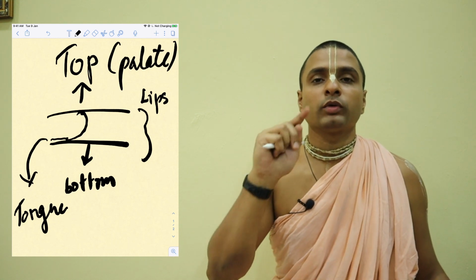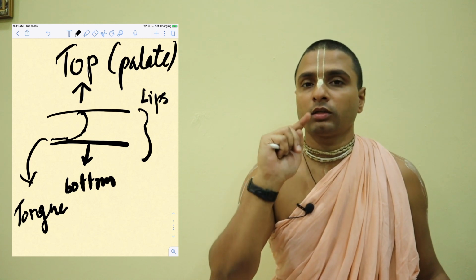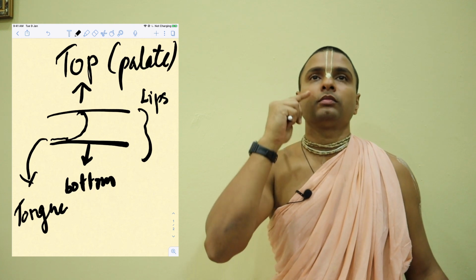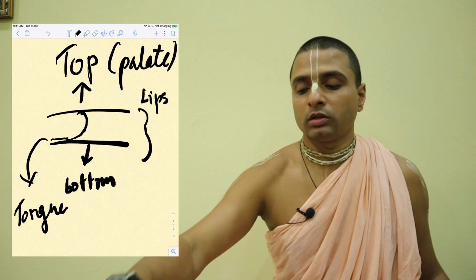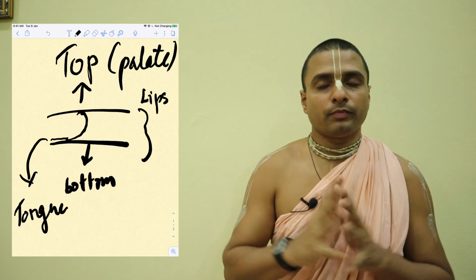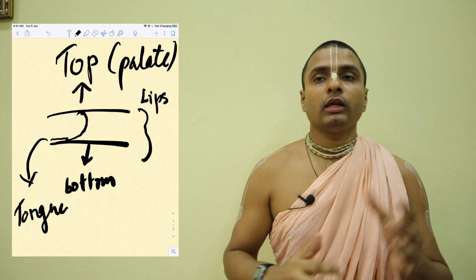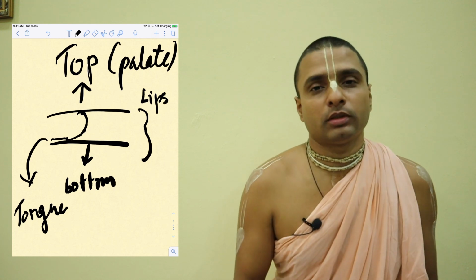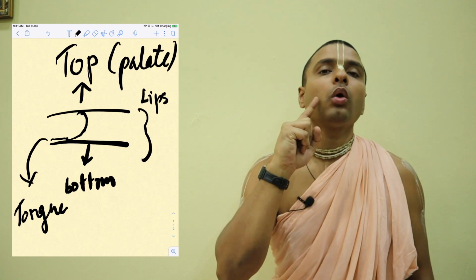And the dental "ta" means the tongue touches the back of the teeth. Not exactly the teeth, at the gums, at which the teeth start. And then "pa". "Pa" is when you do it with the lips. So from here all the way to the lips.